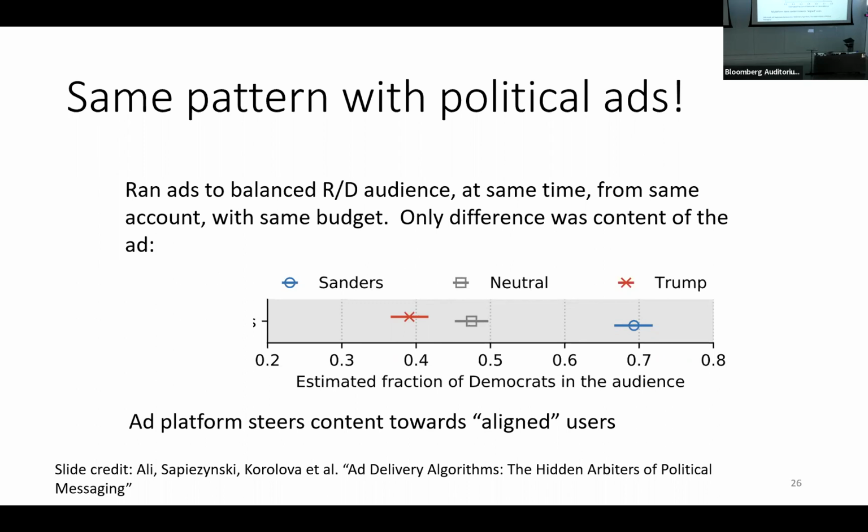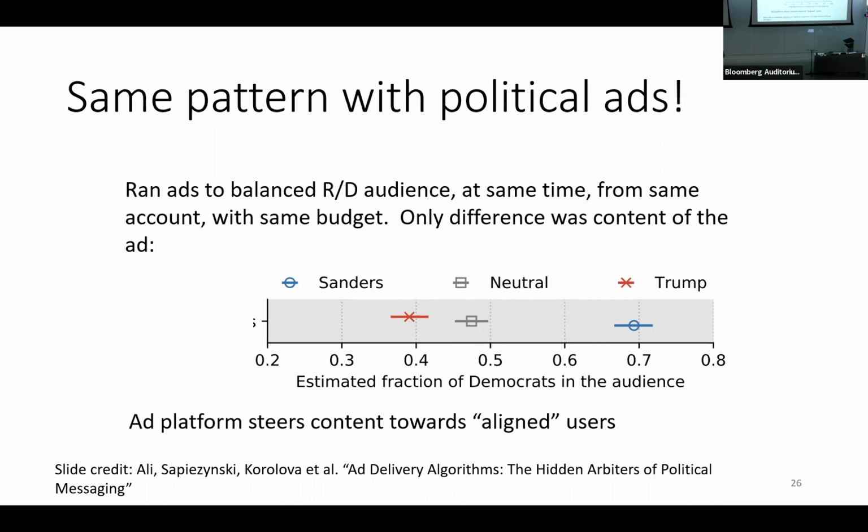This is shocking and troubling, because now Facebook's neural net, even with identical targeting parameters, is essentially deciding how expensive it is to reach different types of voters. And it's differentially expensive for different campaigns.